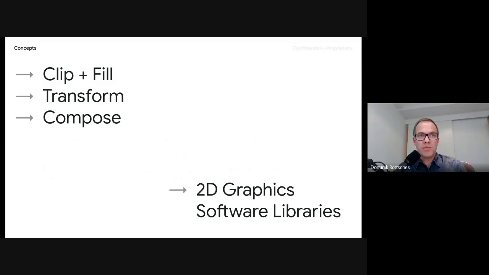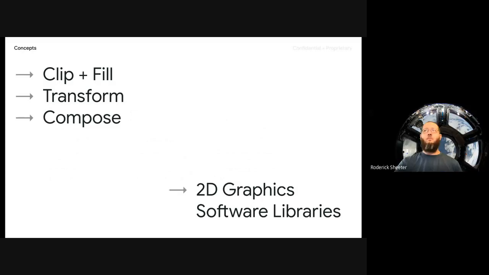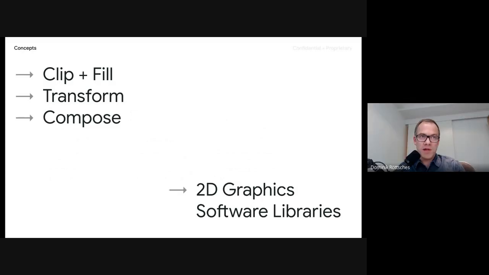For example, clip and fill operations, transform operations, and compositing operations, such as the Porter-Duff operators that are named after the original paper by Porter and Duff, but also defined as W3C compositing standards. So in the spec proposal, we are unlocking these concepts to be used in the font format, so that we have a pipeline from font to font parsing to using principles and concepts of 2D graphics software libraries.